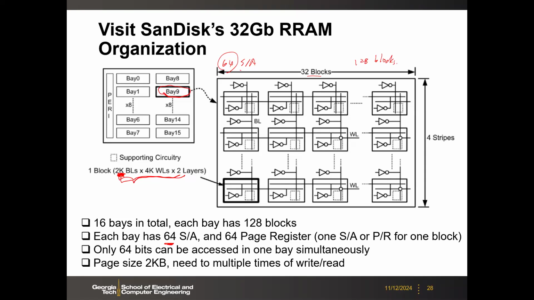So then it says 64 SenAmps, and then you have 64 buffers after the SenAmps, which is a register. So only 64 bits will be simultaneously sensed and accessed. But one page size is 2 kilobytes. That is the external I/O buffer size, so every time you still transfer one page.